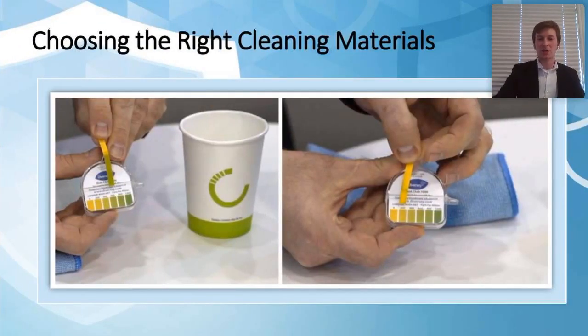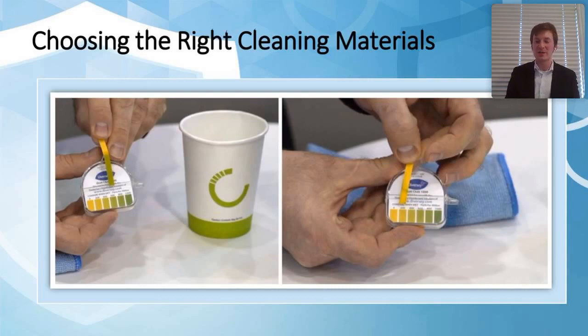On the note of cleaning materials, I think it's also important to talk about the actual substrate, the actual material that's being used for cleaning. The example that this picture is showing is that certain types of cleaning materials have the potential to interact with disinfectants in a negative way and interfere with the ability of the disinfectant to work properly.